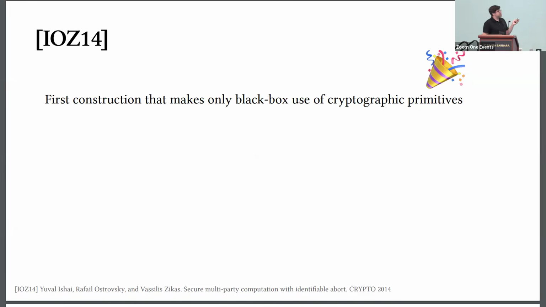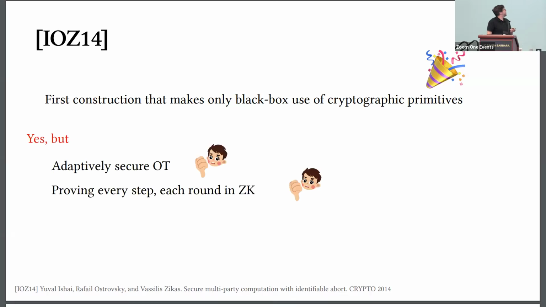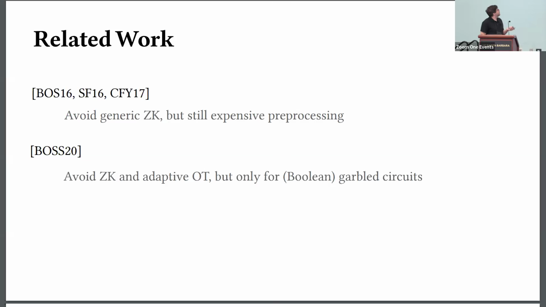So IOZ is the first construction that makes black box use of cryptographic primitives, but it requires adaptively secure OT. I don't like that. And every step, every round, you need to prove in zero knowledge that everything is done correctly. There is some related work.